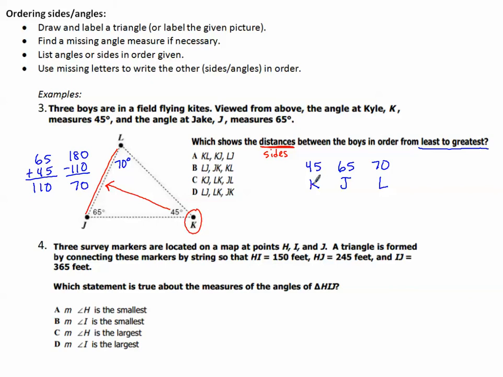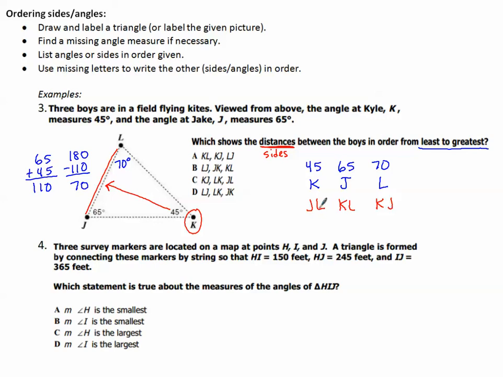So if K is the letter for the angle, it's the other two letters that would be the sides. So see, that letter, and then I don't use that letter to name the side. J is the letter for the angle, so K and L, the other two letters for the side. L for the angle, so the other two letters for the side. Now I have the sides, or the distances, from small to big. Now I just have to match it.